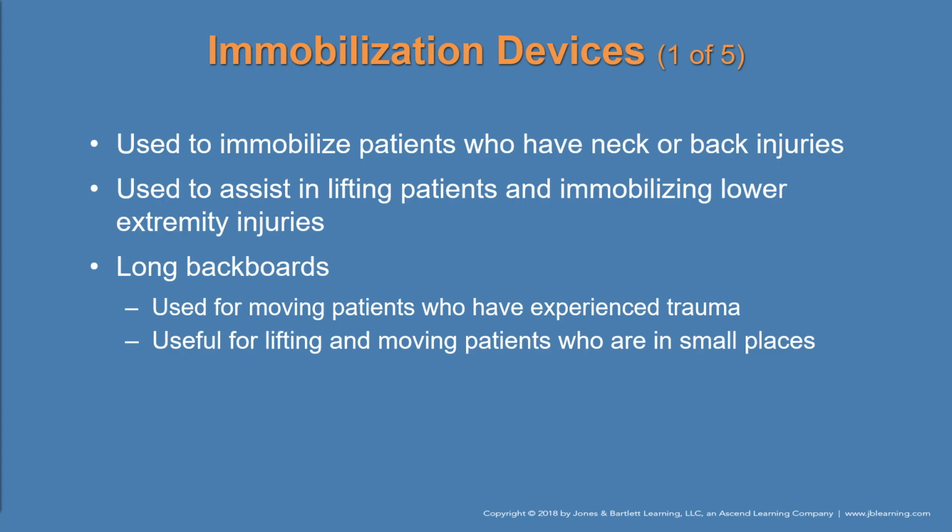And so what you'll see in the New Hampshire protocols and many protocols across the nation, is that the EMTs, advanced EMTs, paramedics, nurses, and physicians who are trained to do this will use the backboard to move the patient to the stretcher, and then they'll immediately take the patient off the backboard and leave them on the stretcher, because it's a much more effective immobilization device.